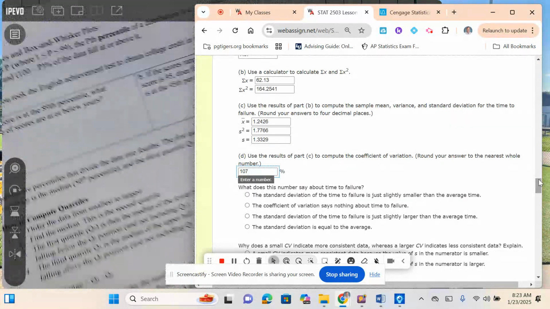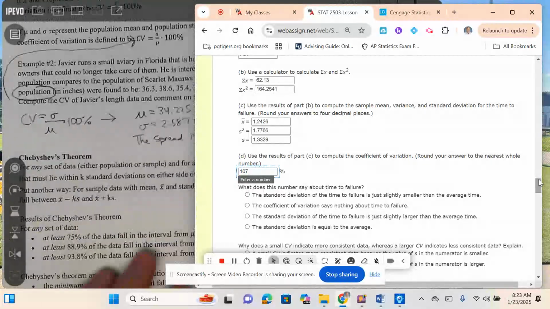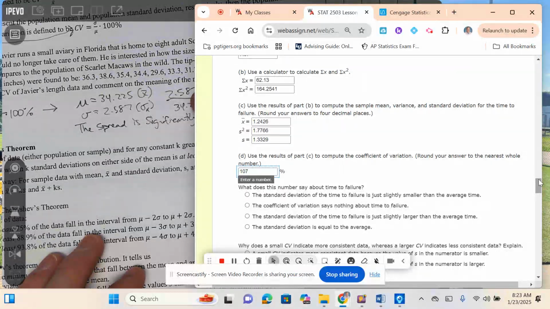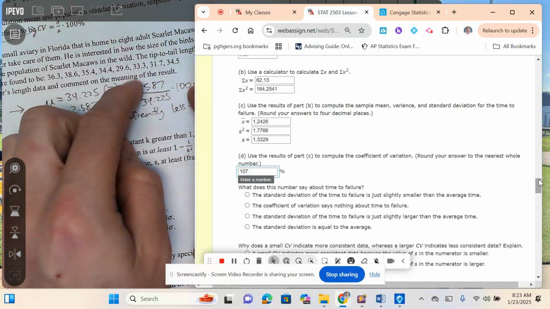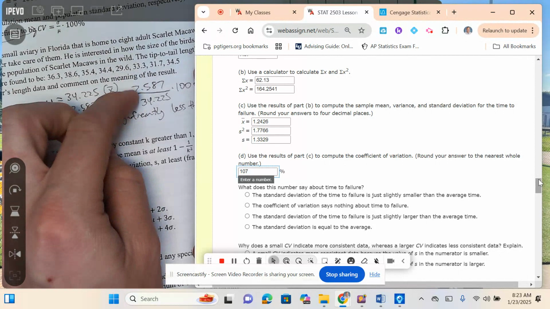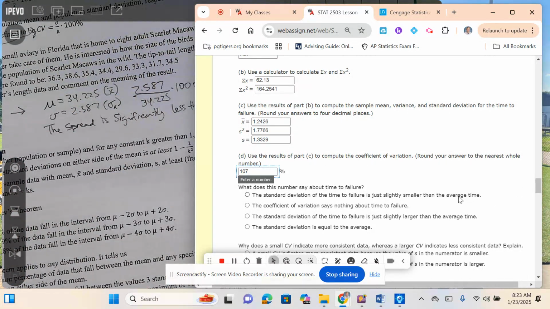When it was less than 100%, that means that the mean was larger than the standard deviation. If it's over 100%, that means the top's bigger than the bottom. That means the standard deviation is bigger than the mean. So the standard deviation is slightly larger than the average time. Do you see how the standard deviation, 1.3329, is larger than the average time?